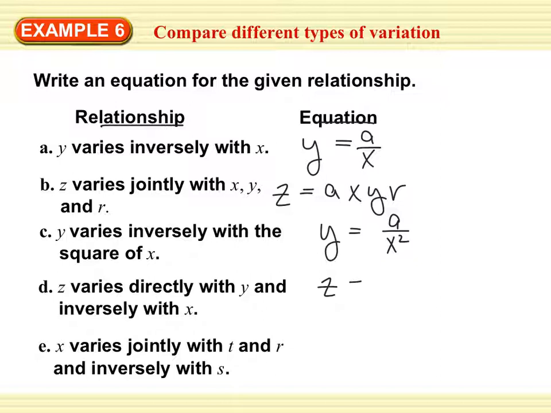Z varies directly with Y and inversely with X. X varies jointly with T and R and inversely with S.